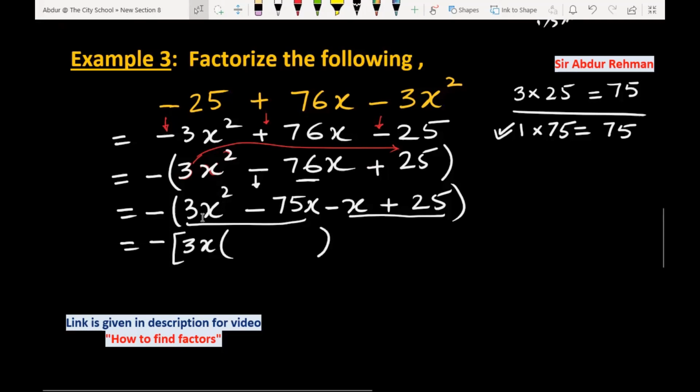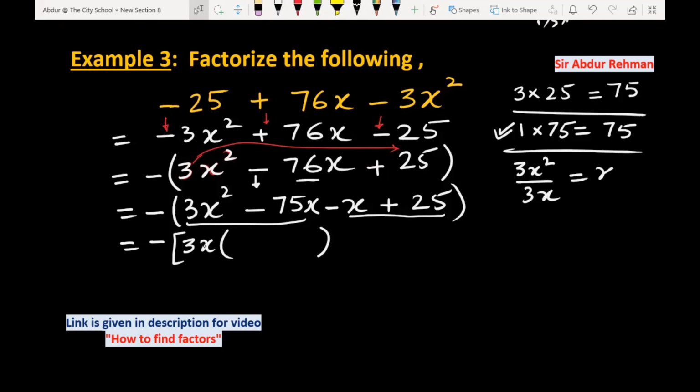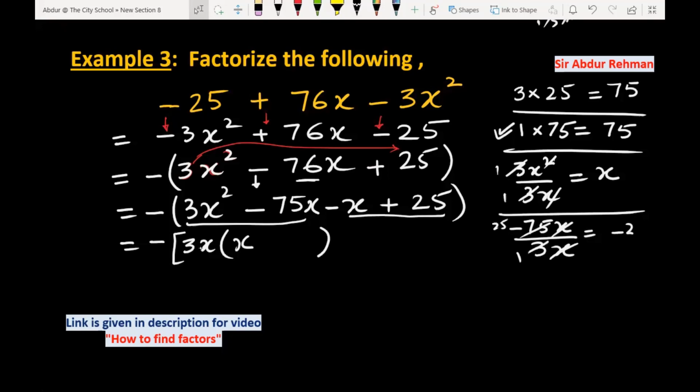For the bracket, let's divide 3x squared by 3x. 3x squared divided by 3x gives x. Write down x. And for minus 75x, divide by the common 3x. Let's check: minus 75x by 3x, cancel out x and x, and 3 times 25 is 75. So minus 25.